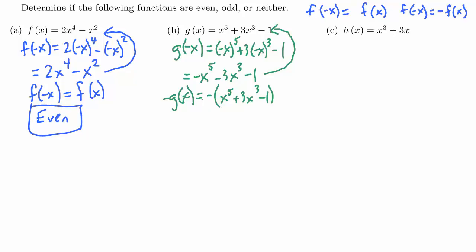At this point, you need to distribute that negative sign. That gives you negative x to the fifth minus 3x cubed plus 1. Notice that this function and this function are also not the same because one's positive here and one is negative here. Because of that, this is not odd. And so it's neither even nor odd.